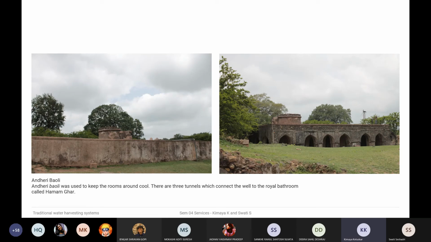So there are these smaller fundamental principles on which huge campuses like Jahaz Mahal are also built. Water was not only the source of drinking, but if it can also help in cooling the places, it was very wisely done.